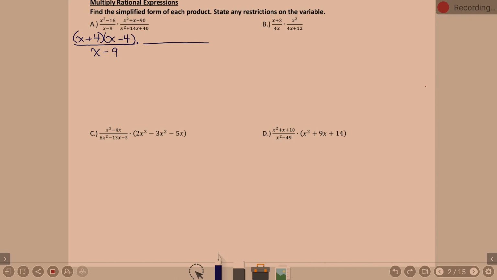You're right. Now, what do you know about x squared? It's going to break into two x's, x times x. Now we need numbers multiplying to be negative 90 and adding to be 1.